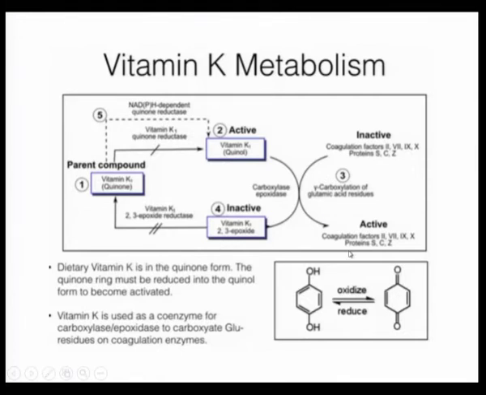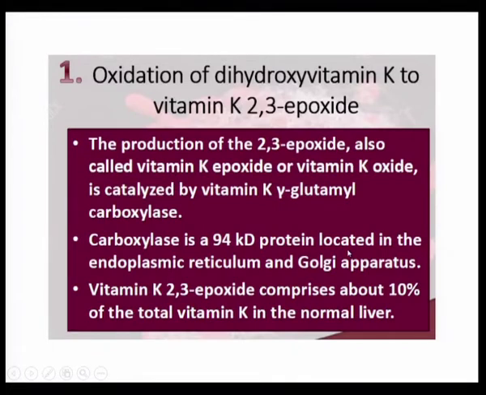Now this is what I was telling you. So vitamin K 2,3 epoxide is the inactive form. So what exactly happens? That's oxidation of dihydroxy vitamin K to vitamin K 2,3 epoxide.